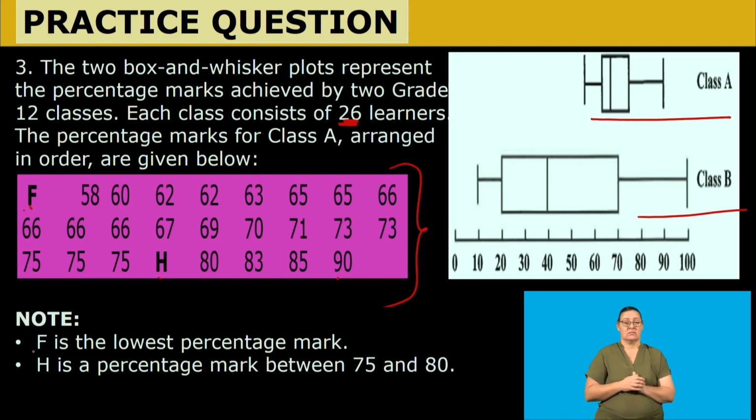Note that F is the lowest percentage mark, so F is less than 58. And H is a percentage mark between 75 and 80. So the value of H, when you calculate it, must be between 75 and 80.